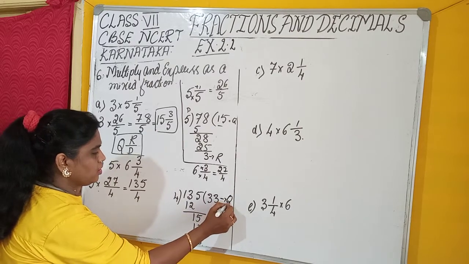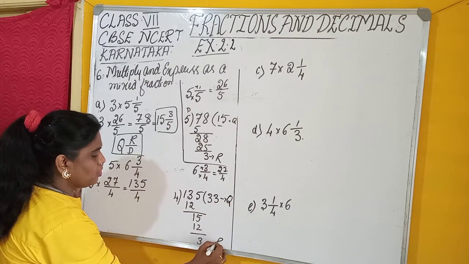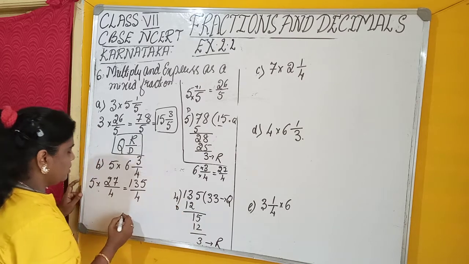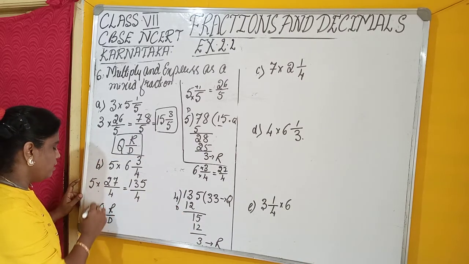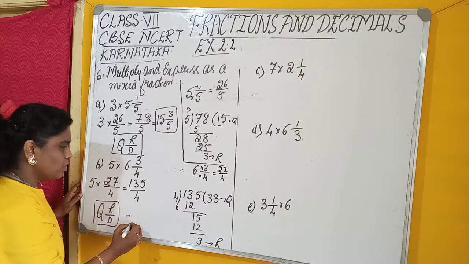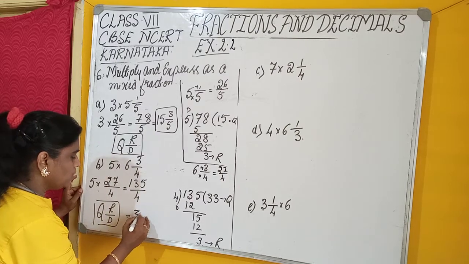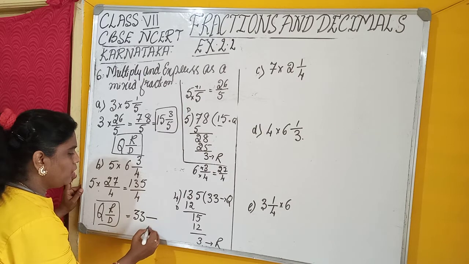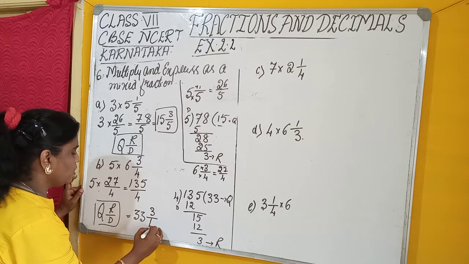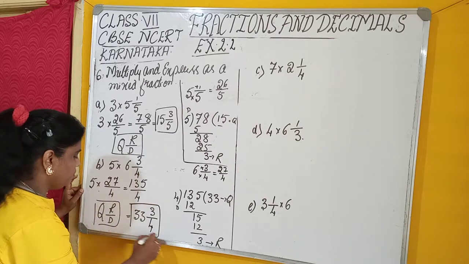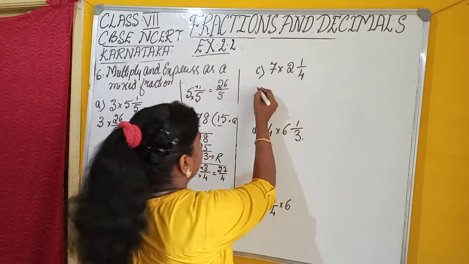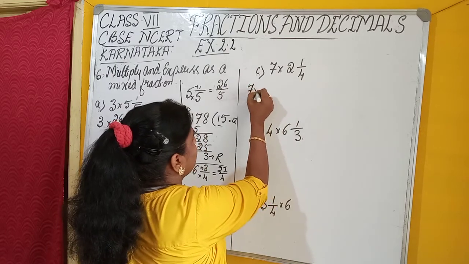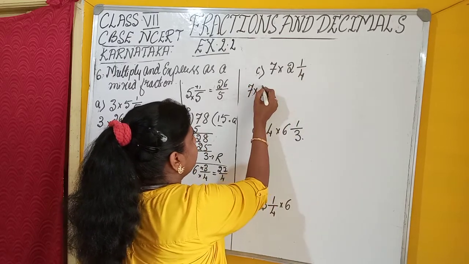Here this is the Q, this is R and this is D. Therefore, Q R by D: Q is equal to 33, R is 3 and by 4, 4 is the divisor.